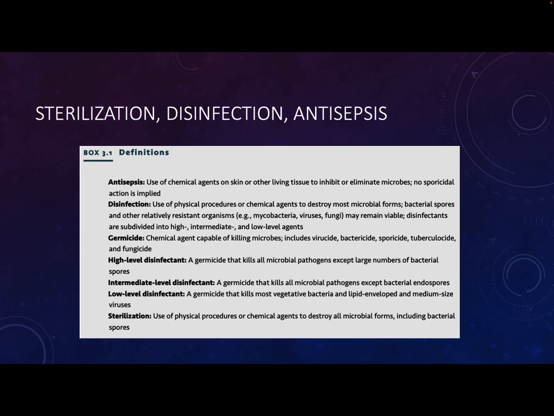Things that might melt or catch on fire that can't be put through the autoclave, you can irradiate them. High levels of radiation can get rid of spores. You can filter sterilize liquids that might go bad. Autoclaving is preferred if possible. And you can always refer back to this table for these definitions.